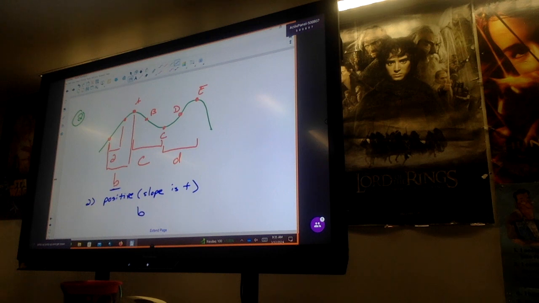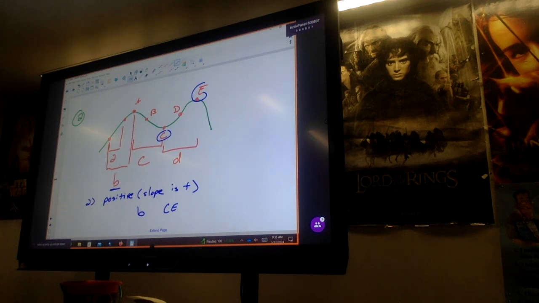So it's positive here. And then it's also positive from C to E, meaning the slope would be increasing. Okay?